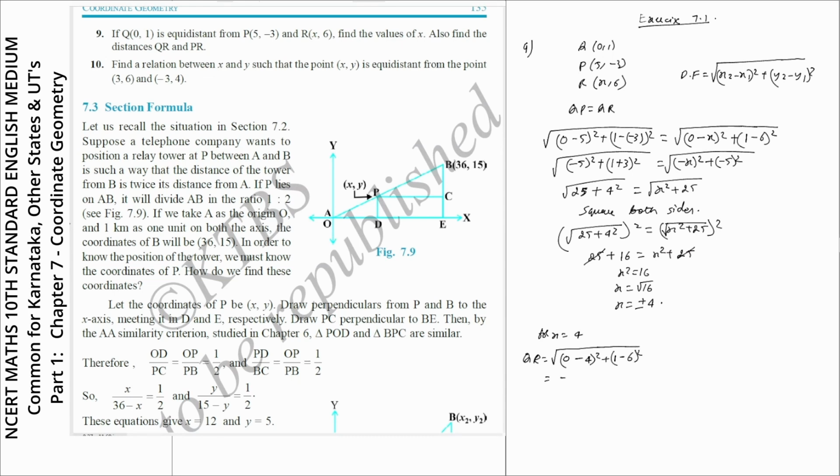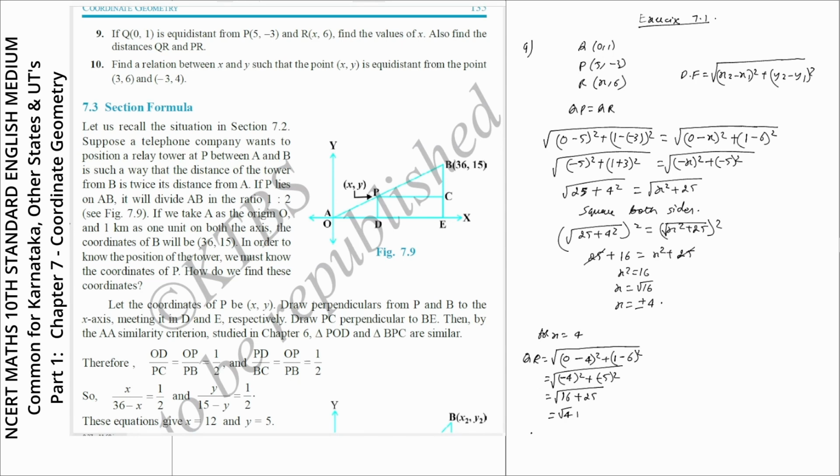So this is equal to 0 minus 4 is minus 4, minus 4 the whole square, plus 1 minus 6 is minus 5, the whole square. Minus 4 the whole square is minus 4 into minus 4 is plus 16, plus minus 5 the whole square is plus 25. So 16 plus 25 is 41. I'll get square root of 41.